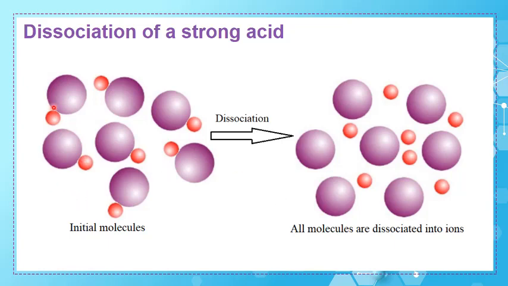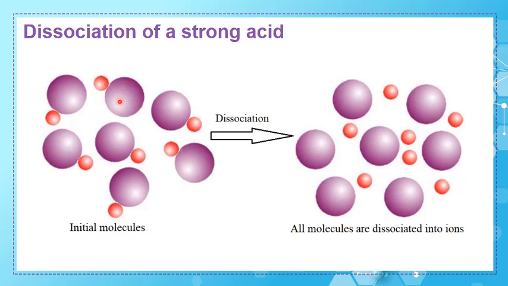Here, for example, I have used 7 molecules of acid. Definitely 7 is not a real number, it is totally far from reality. But we are using just an example, regardless of the real number of molecules, just to have an idea about the dissociation.